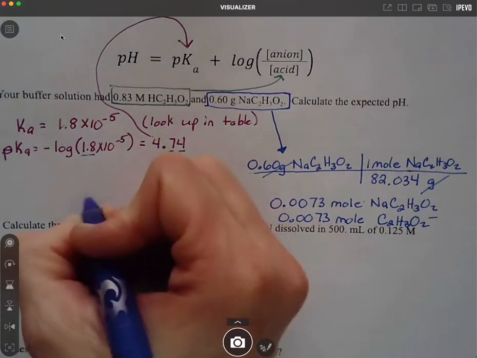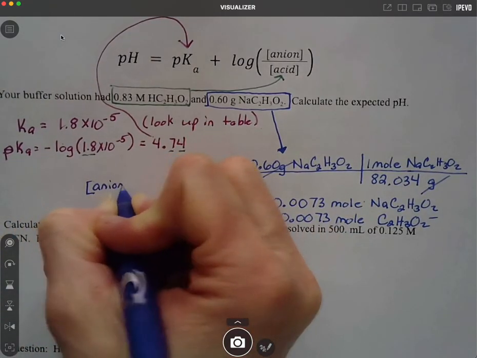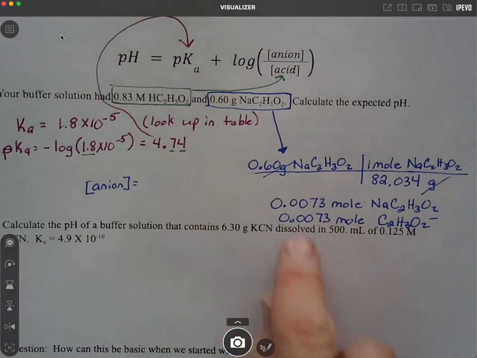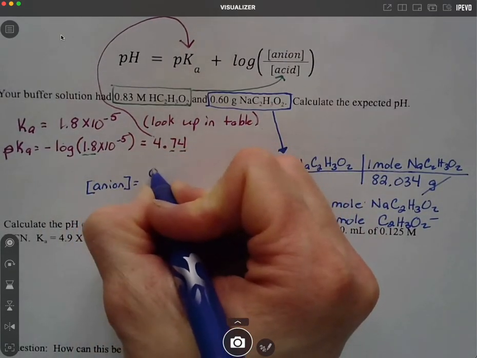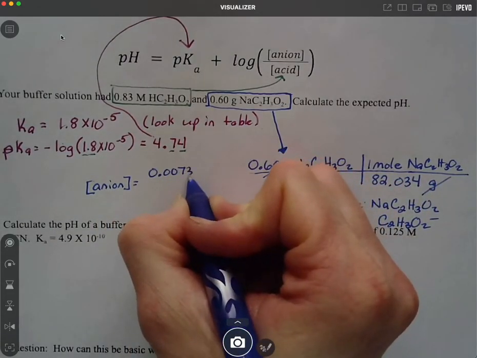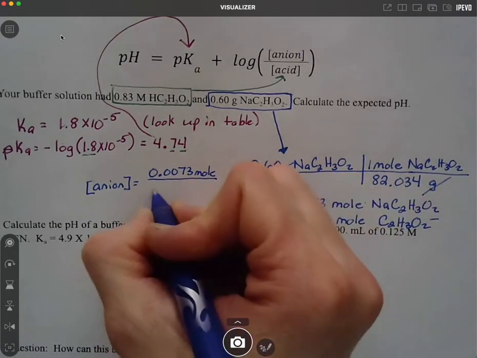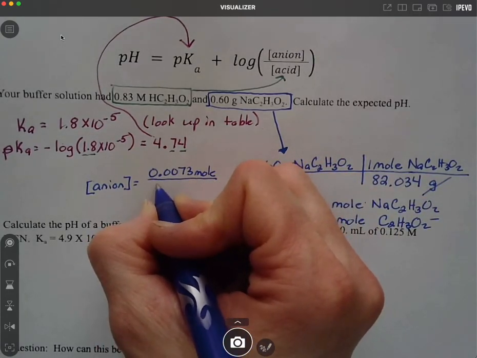So if we take this, we can find the concentration of the anion by taking the moles of anion and dividing by 80 milliliters, but that's got to be in liters.